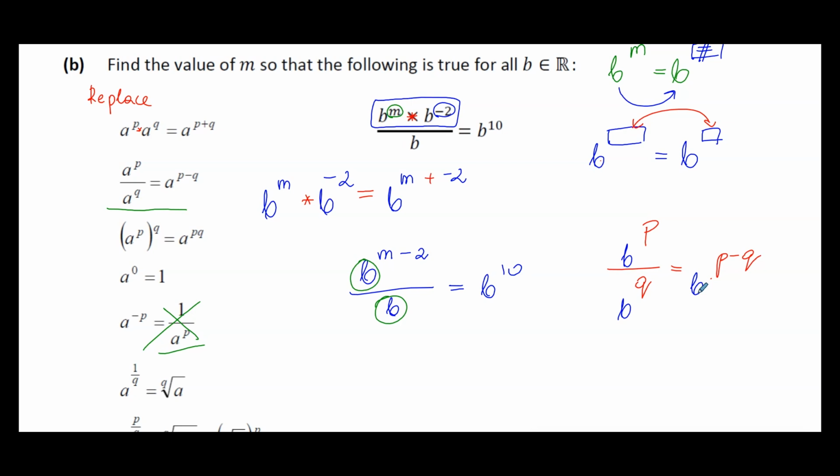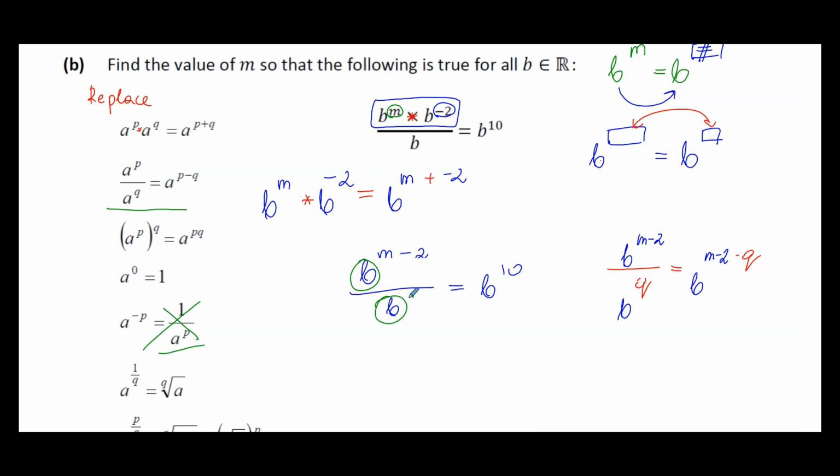And then again, my first power, the one on top, is m minus 2. So my p in my question is m minus 2, and I'm going to replace that as well. So we remove p, and we're going to put m minus 2. That means here I have m minus 2. Now, at the bottom, I don't have a power. When we don't have a power, what do we have? It's a power of 1, isn't it?